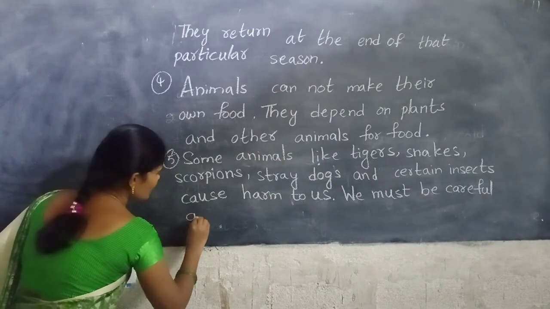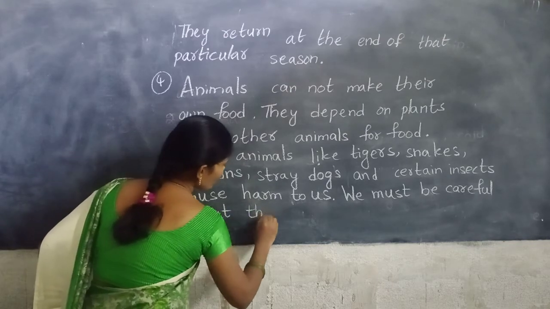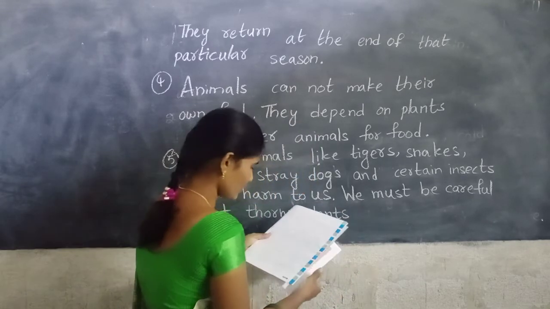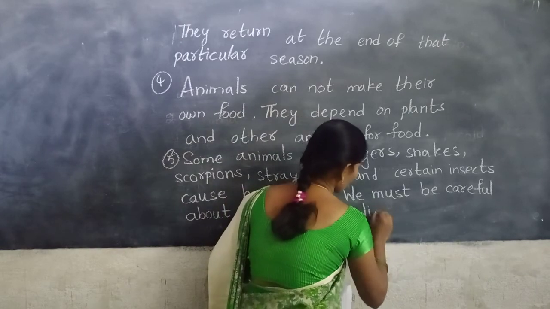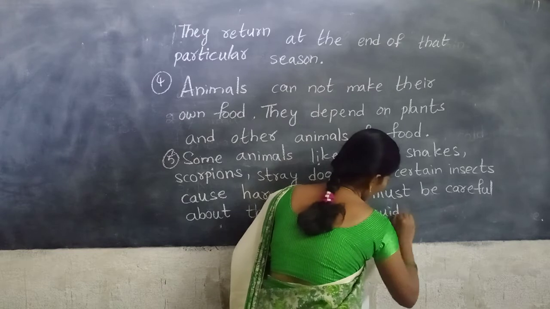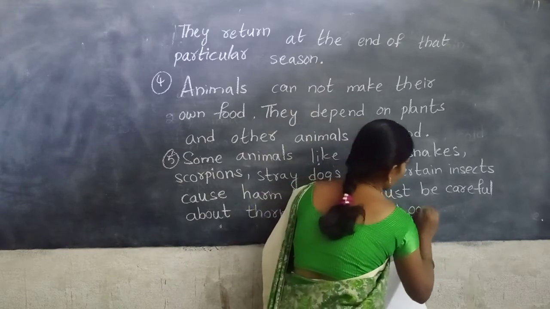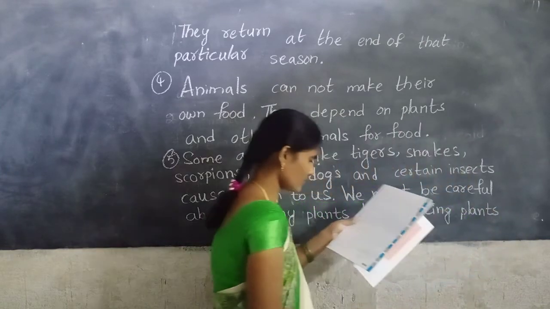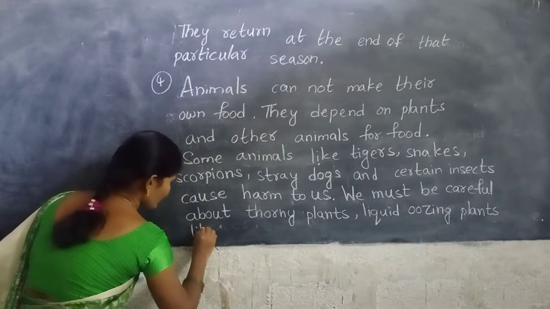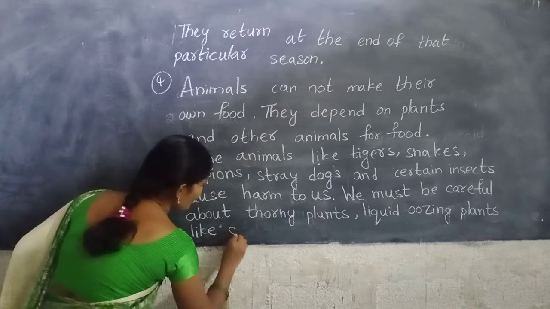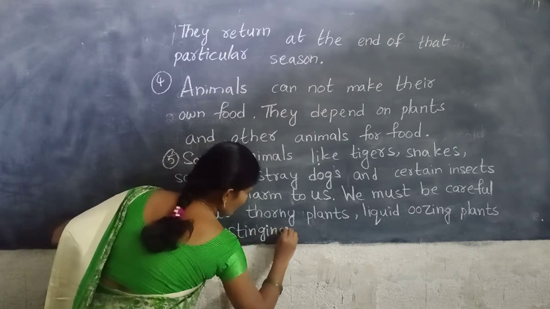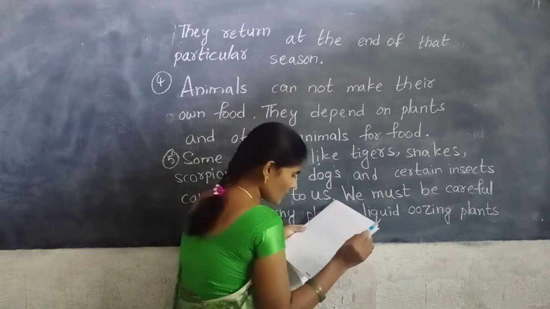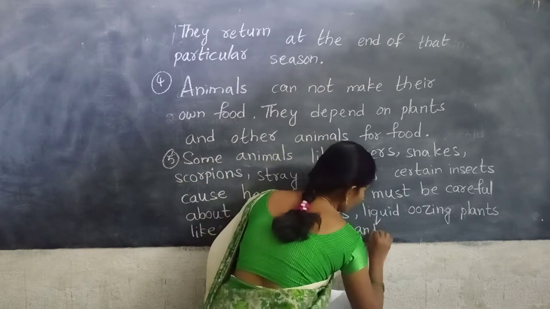About thorny plants, liquid oozing plants like stinging nettle and Tritanium.